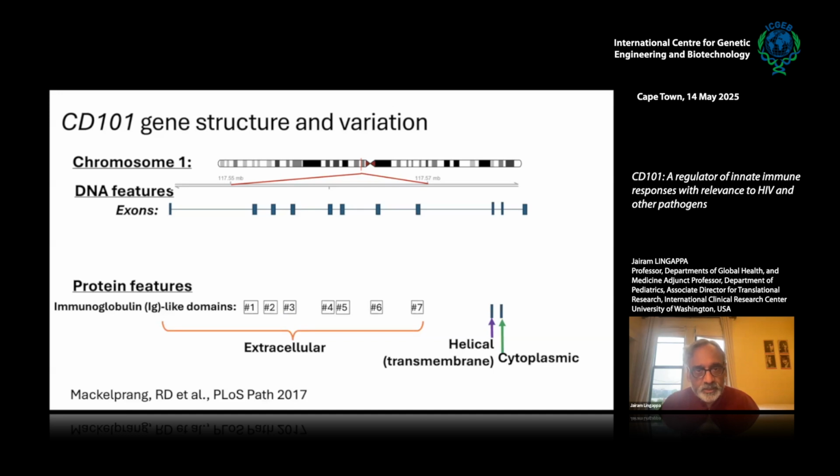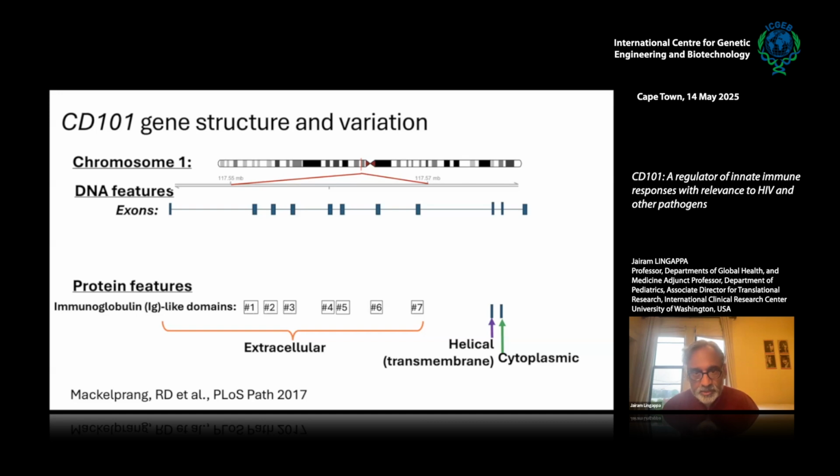As I mentioned, it's a transmembrane protein with the extracellular portion of the protein including a variety of immunoglobulin-like domains, 7 in total, as well as a transmembrane helical domain and a short cytoplasmic domain.